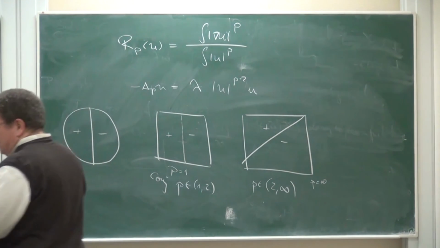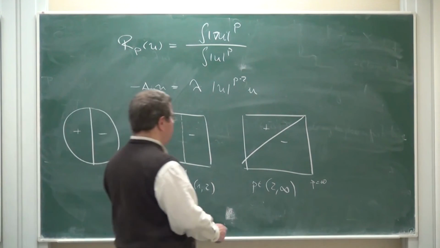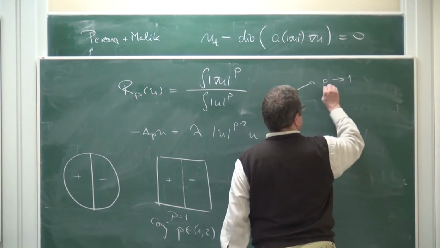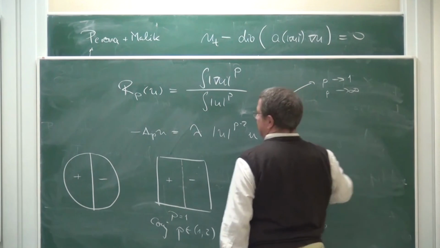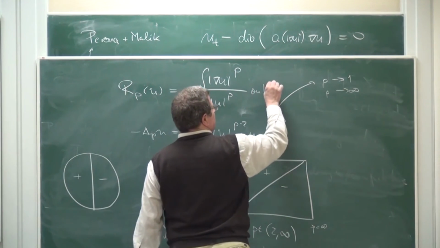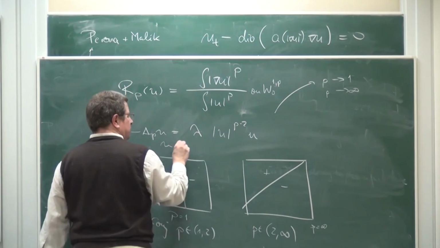And one can ask similar questions for the Neumann problem. So here in this problem, one can also discuss p to 1, p to infinity, and then one can minimize this on W^{1,p}_0. Then we have u equal to 0.